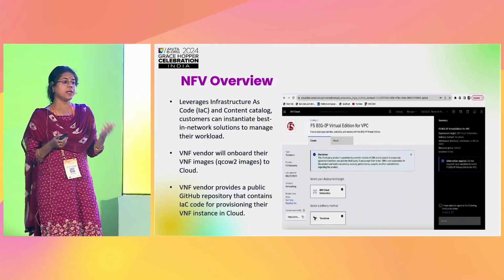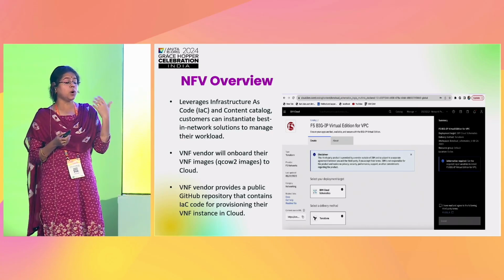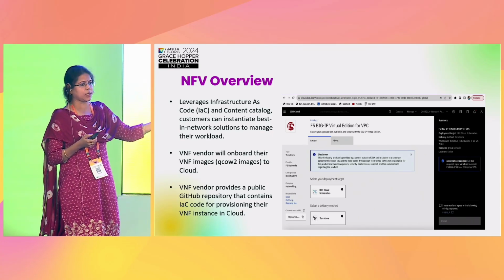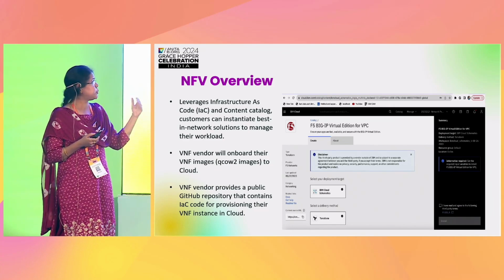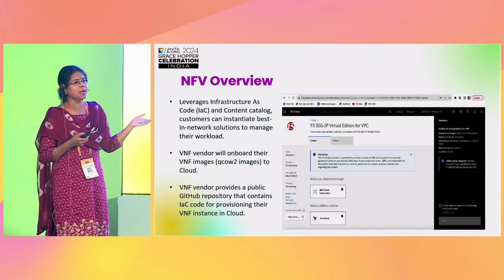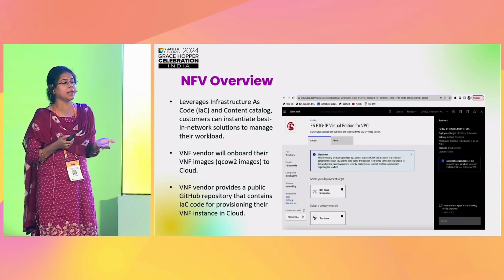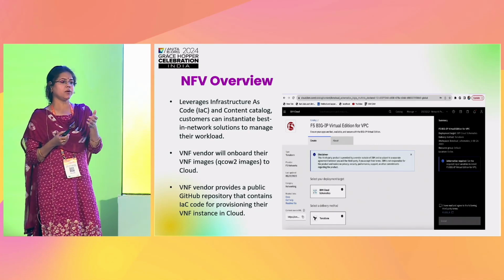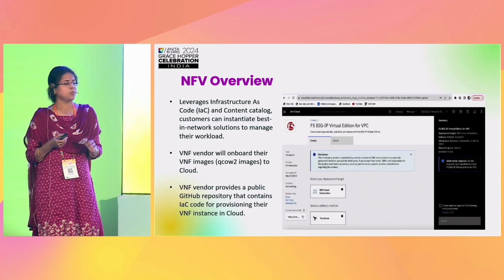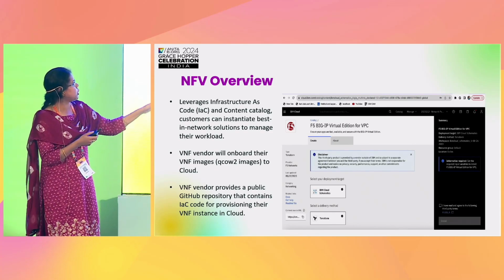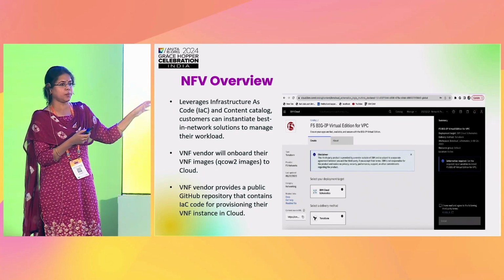Finally, the VNF vendor has to onboard the service to the cloud catalog. When it is available in the cloud catalog, a user can spin up these VNF images, and internally it will be using the infrastructure code provided by the VNF vendor. So this is the concept of how a VNF service is made available in cloud.